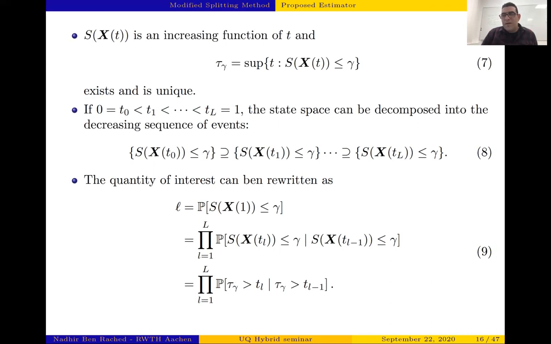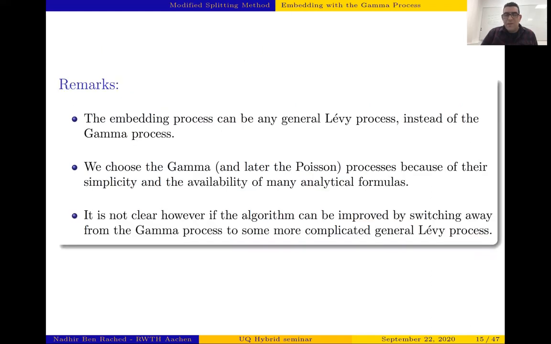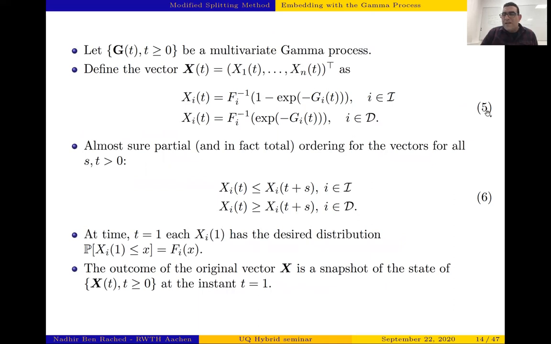It will work even with Pareto distribution. What we need here, if I come back, is independence among the random variables, and we need to know the inverse CDF in closed form. And for the Pareto, I think the inverse CDF is very simple. So then we can apply it to the Pareto case.